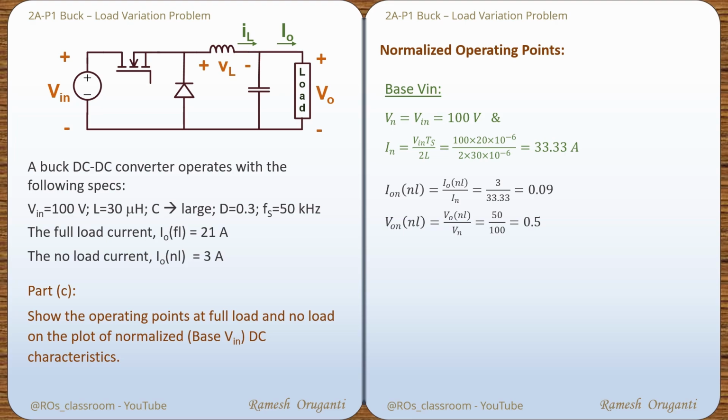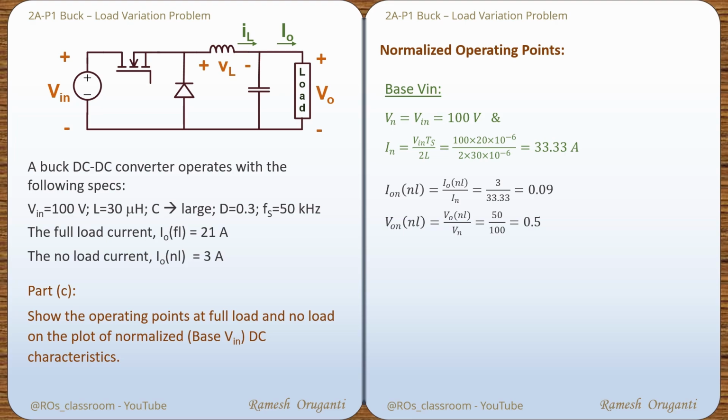So the normalized output voltage is 50 by 100, that is 0.5. This pair of values, 0.09 for the normalized current and 0.5 for the normalized voltage, represents the operating condition under no load. In a similar way, we can find the operating condition for full load.